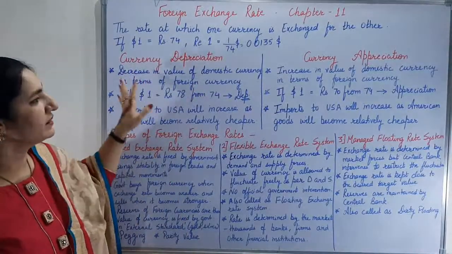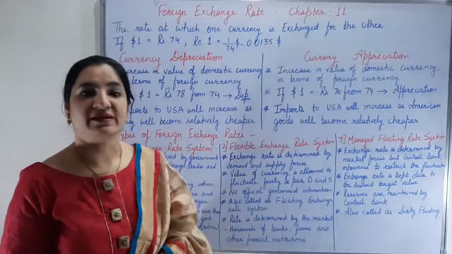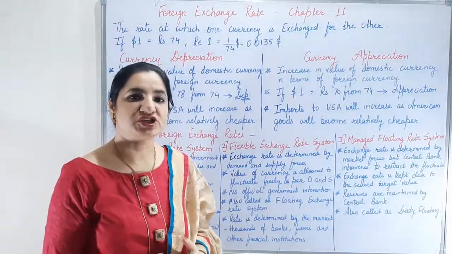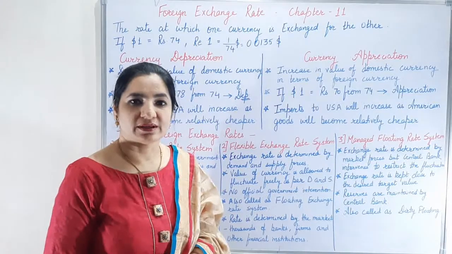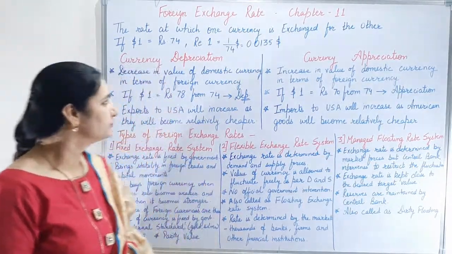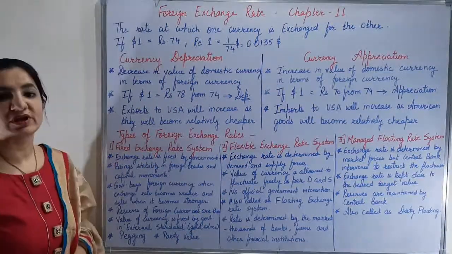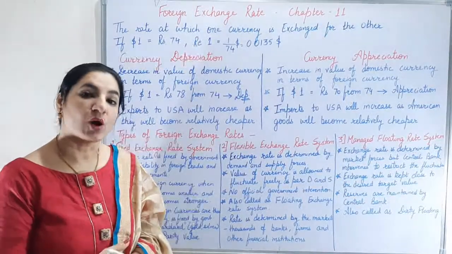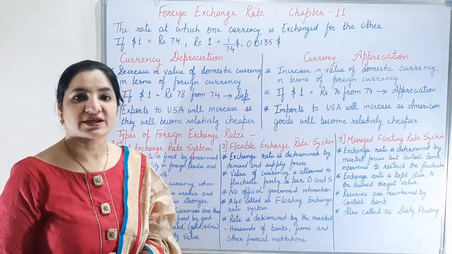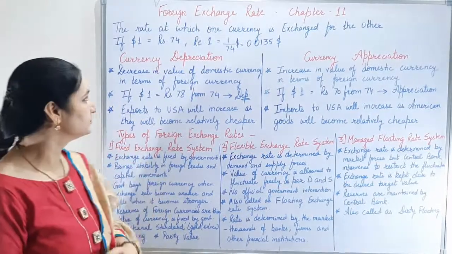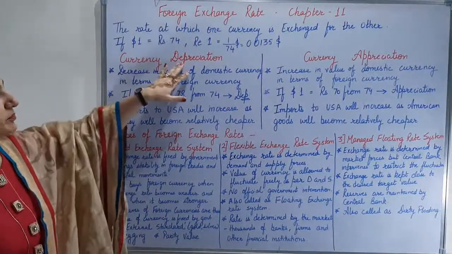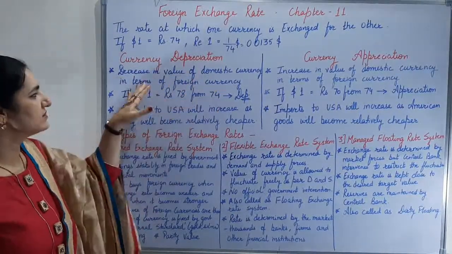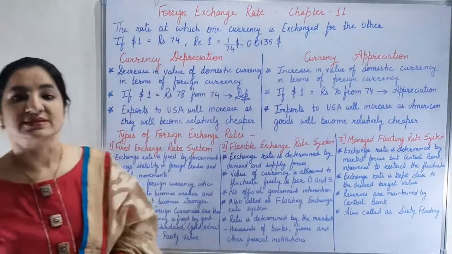So currency can depreciate and currency can appreciate because it is a fluctuation which keeps on going on in the world's economy. So let us see what is the meaning of depreciation of currency and appreciation of currency and how it affects exports and imports. Currency depreciation means decrease in value of domestic currency in terms of foreign currency.